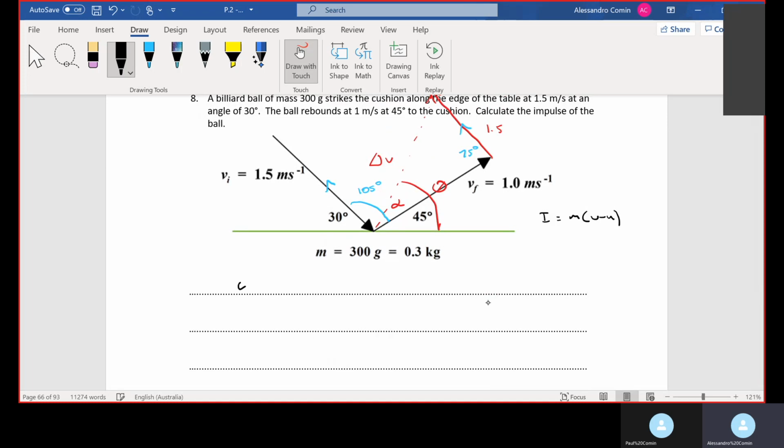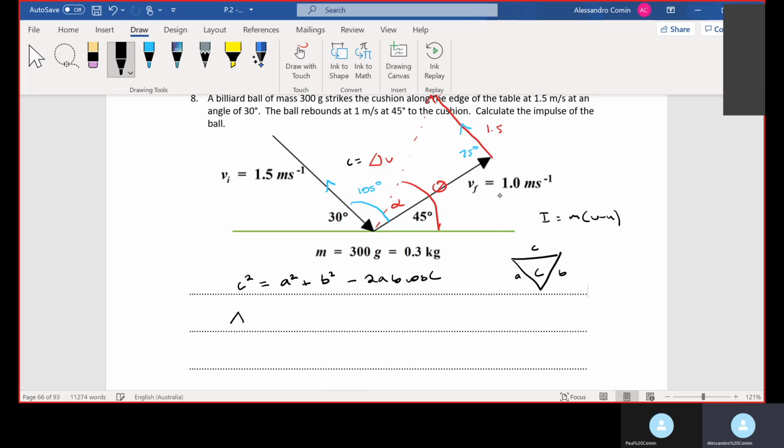Okay. What's the cosine rule? The cosine rule is c squared is equal to a squared plus b squared minus 2ab cos C, where for a triangle, this is c, this is angle C, this is a, and this is b. We have a and b: a is 1.5 and b is just 1. And remember, c is technically this.